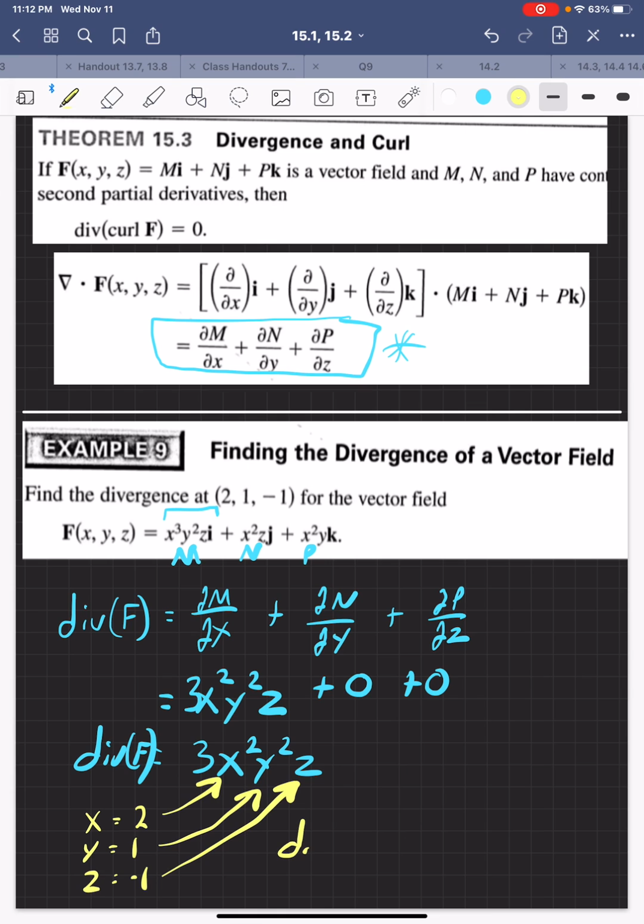Such that the divergence of f of (2, 1, -1), doing a little bit of arithmetic, I get -12. Okay, so that will conclude chapter 15, section 1, and I'll see you soon.